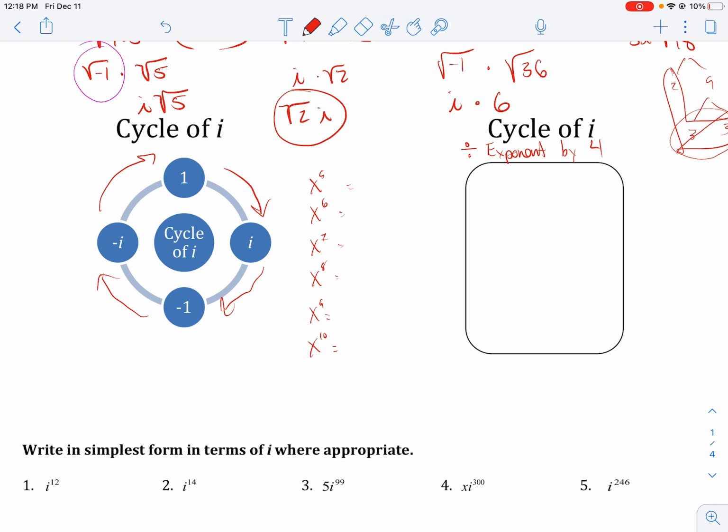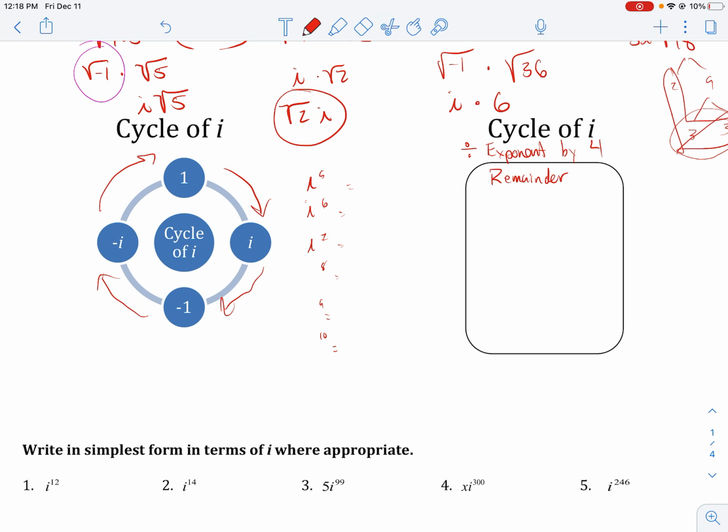I'll get to those in just a second. In this chart, I want you to put at the top, remainder, because the remainder from dividing by 4 determines what your value of i is. Oh, did I put x there?